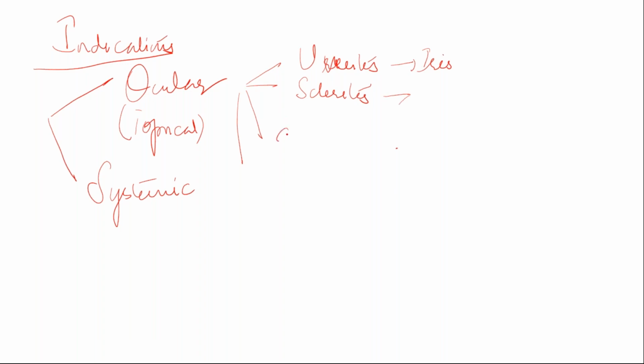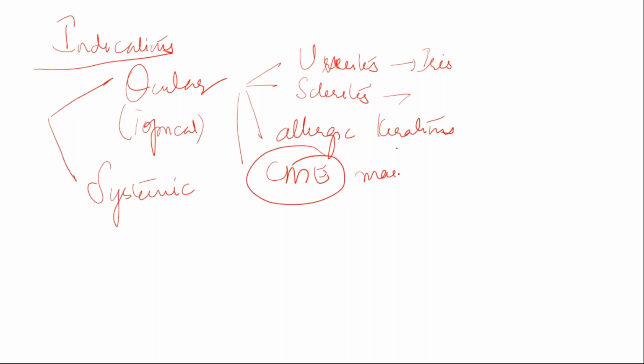Second one is allergic keratitis or allergic conjunctivitis. Okay, or the allergic conjunctivitis means the same thing. Vernal keratoconjunctivitis or any phlyctenular conjunctivitis, we can give corticosteroids. Second one is cystoid macular edema, which is present in the macular region.